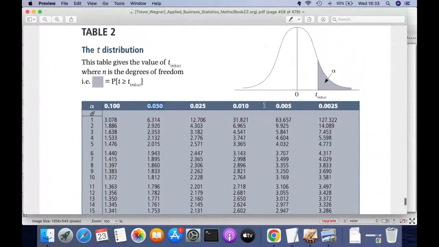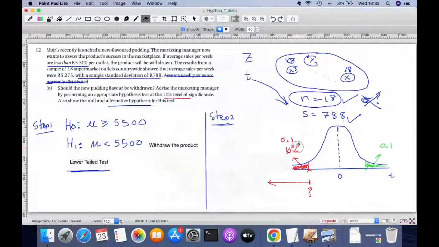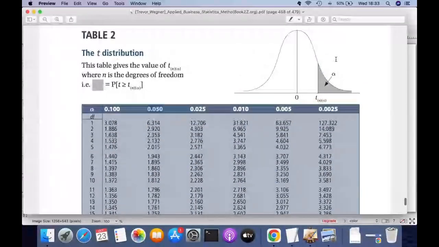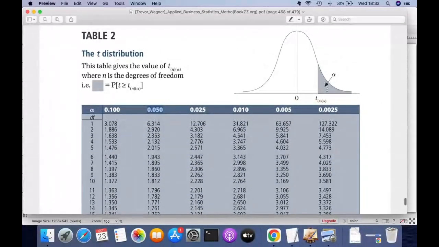Look at the graph, and if you're not sure, look at the graph. Can you see in the top right, there's the shaded region, that's the area. And the arrow pointing there is telling you that the shaded area is your alpha.